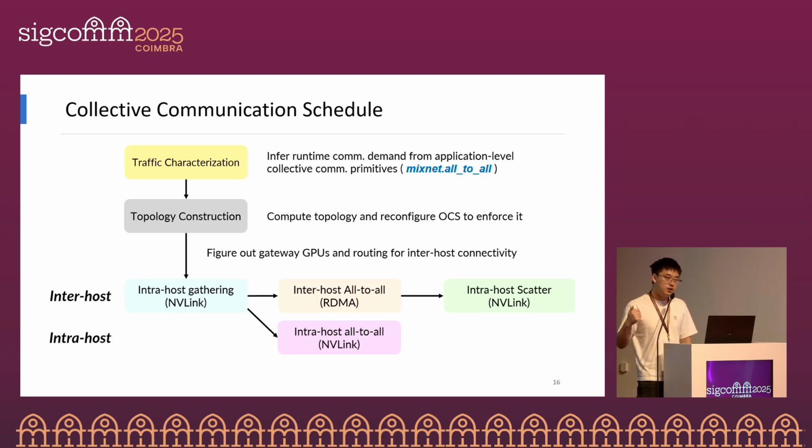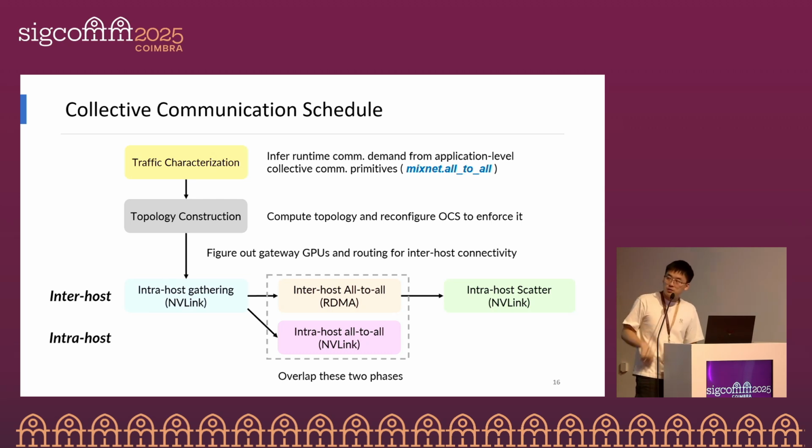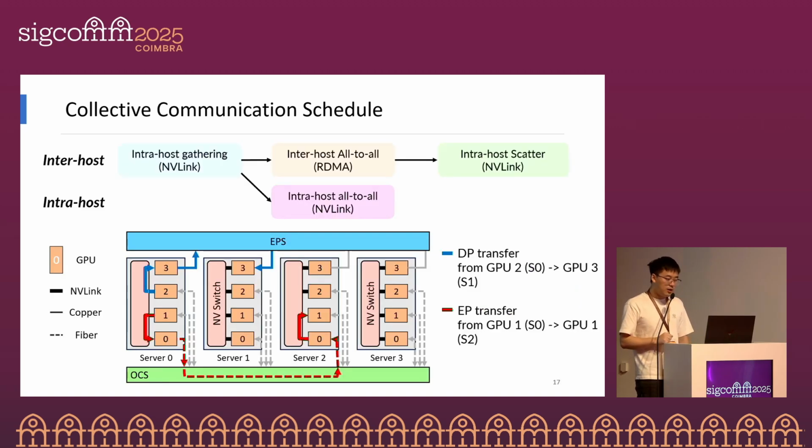And finally, for each receiver, its gateway will dispatch the results to the final destination with the NVSwitch. One thing to note is that the middle two phases use different fabrics, so they can be overlapped to reduce the end-to-end communication time.